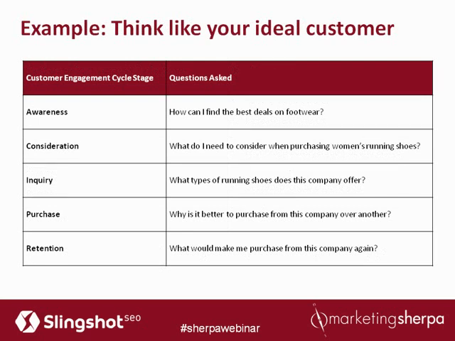Because once you pick a goal for your content, you need to pick a topic. And a strategy for doing that is to put yourself in the mind of your ideal prospect. So that's the best person that you could possibly reach. And then list the information that that person is seeking and needs. Then for every single point in the customer engagement cycle, you would consider what questions that person would ask.